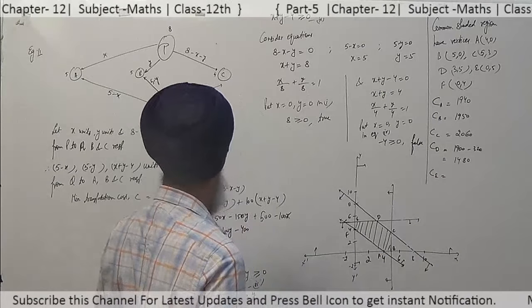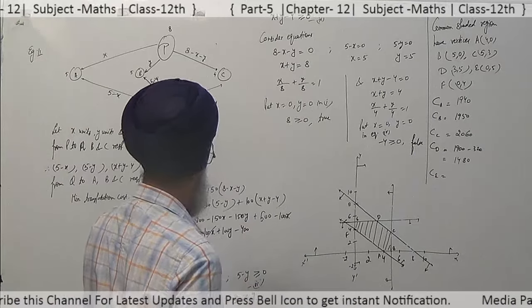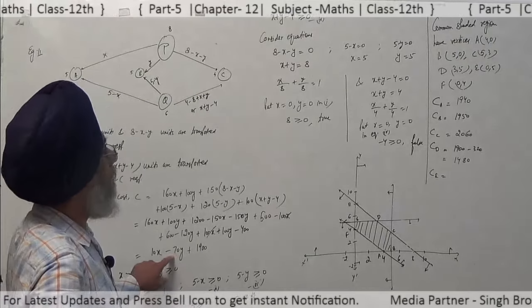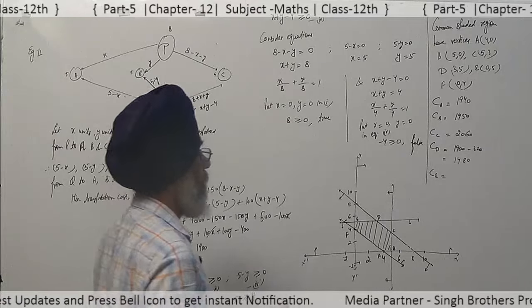Then at E, 0, 5, 70, 1900, and it becomes 70 into 5, 350, 1550.